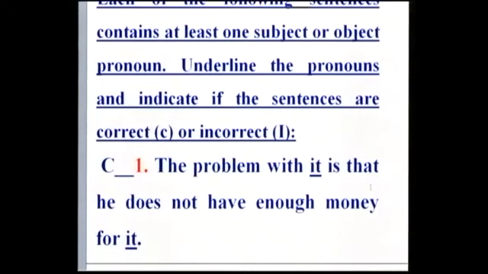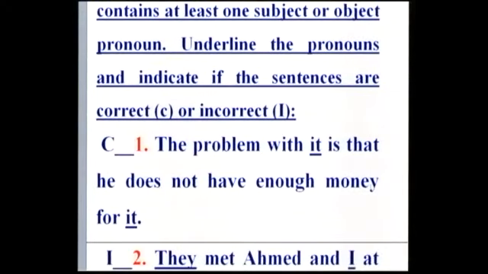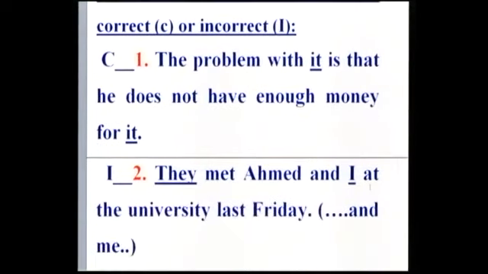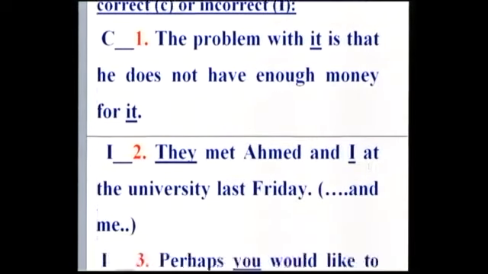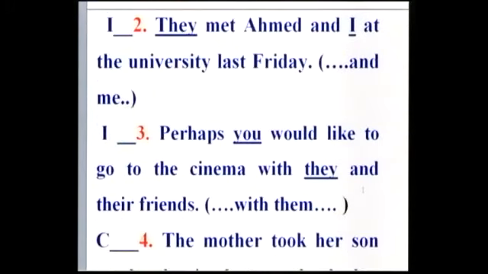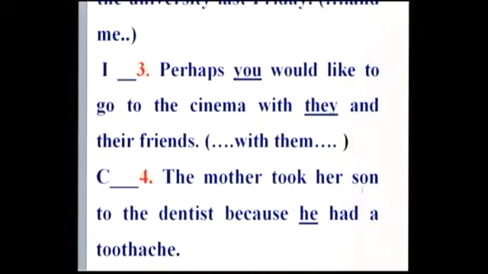The problem with it is that he does not have enough money for it. This is correct. They met Ahmed and I. لا, they met Ahmed and me. Perhaps you would like to go to the cinema with they. لا, with them. The mother took her son to the dentist because he had a toothache.